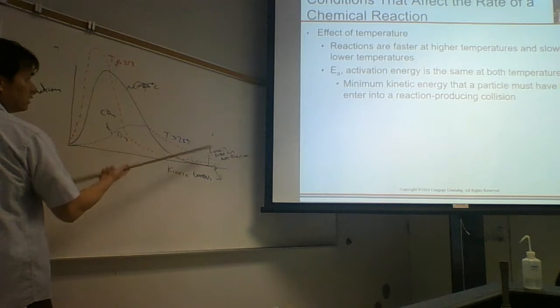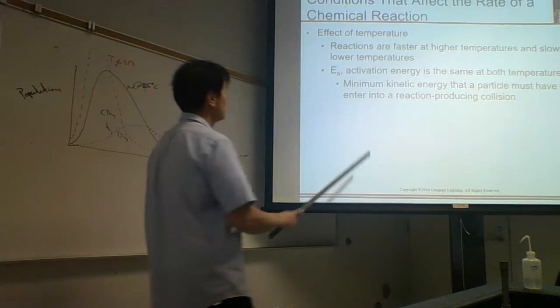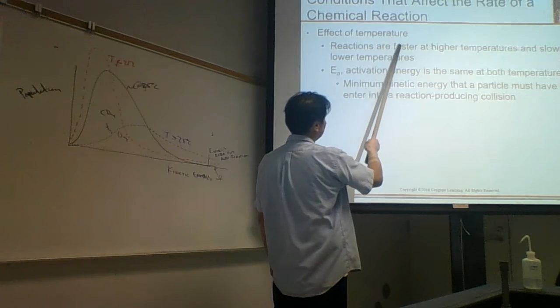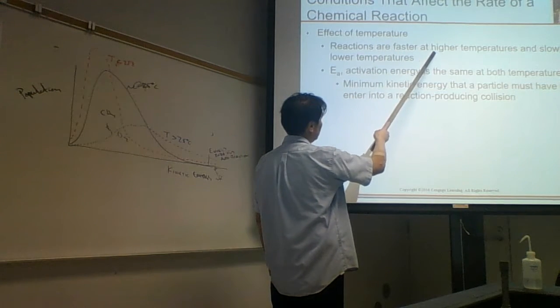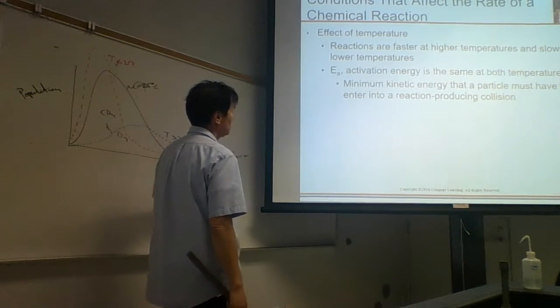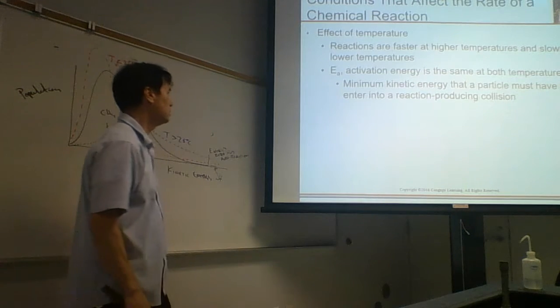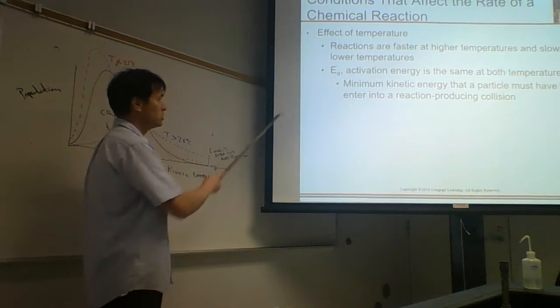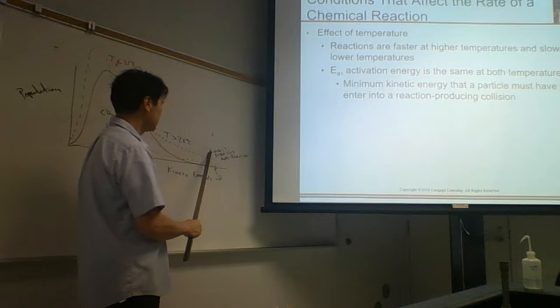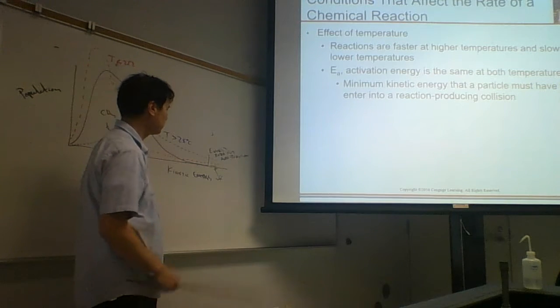The more collisions with enough energy, the faster the reaction is going to occur. And so temperature is going to have a big and profound effect on rates of reaction. Higher temperature means faster reactions, greater population. Lower temperature means smaller population. Note, though, that the activation energy doesn't change. The activation energy is fixed. We're just manipulating the population here.